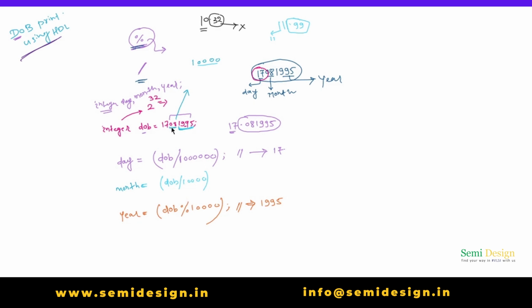How? Very simple. Now see, before this 08, 17 is there, right? 17, 2 digits, then take a modulus operator and put 2 zeros and then 1. Very simple. If you do this, at the output you will get 08 after writing a $display.